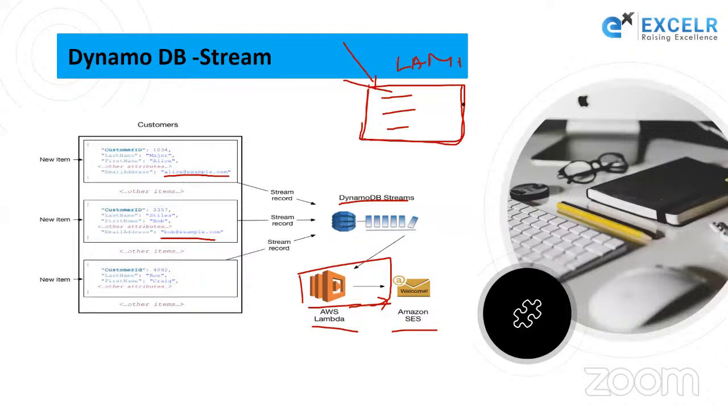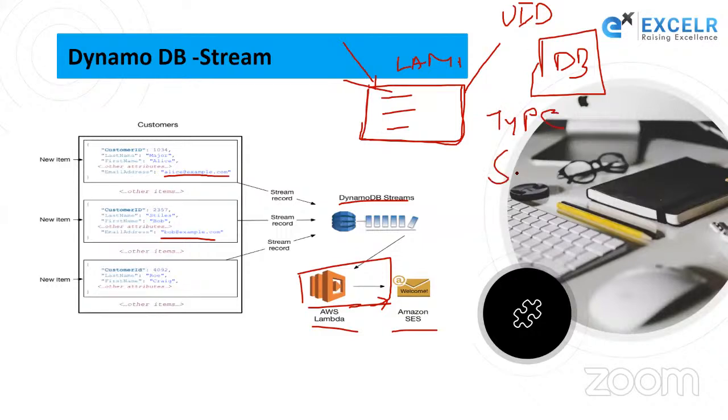Now DynamoDB. Whatever image you have just processed, if you want to copy the data of that image into a NoSQL table, then you can go for a DynamoDB table. You will write the unique ID, UID, then the type of the image, then the size, and you can also write tags, whether it is processed yes or processed no. Based upon this, you can run queries on your DynamoDB table and understand which item is processed and which is not.